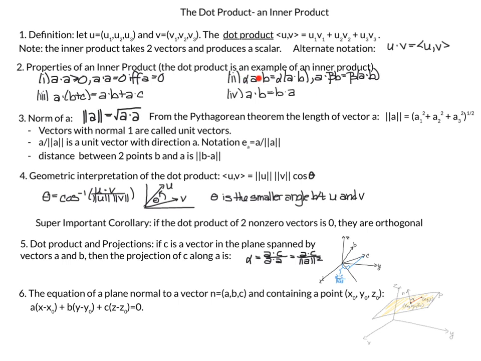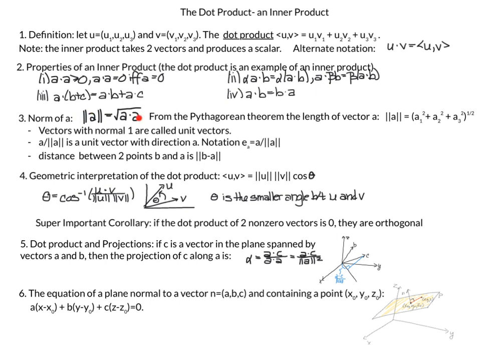If you take alpha times a and dot it with b, that's equal to alpha times a dot b, and something similar if you multiply b times a scalar beta. You have this distributive property over addition: a dot (b plus c) is equal to a dot b plus a dot c. And then last, you have a dot b is equal to b dot a. You have this commutative property.